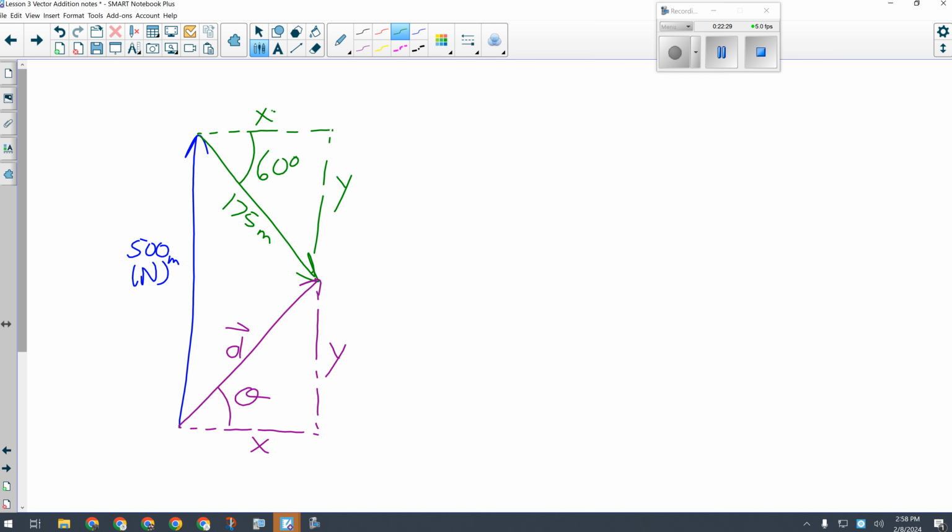Because x is adjacent to the 60-degree angle, and I know the hypotenuse. Cos is adjacent over hypotenuse. So x over 175, adjacent over hypotenuse, equals the cos of 60 degrees. The cos of theta, in this case 60 degrees, equals adjacent over hypotenuse.